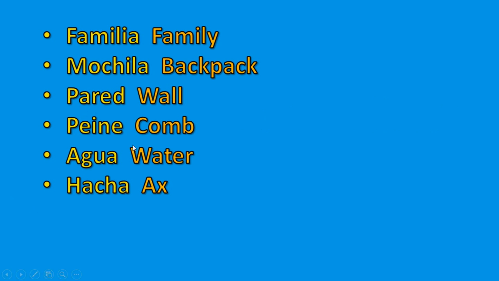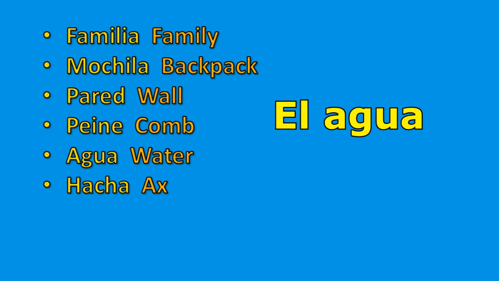And in this case, I have agua. And here we have an exception, but it's very easy to know why it is an exception. Agua ends in an A, so clearly it's feminine. However, it would be funny if I say la agua, right? La agua. So it doesn't sound good. That's why there is an exception in the language of Cervantes, and I say el agua.